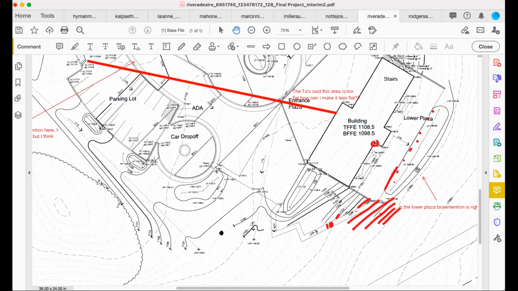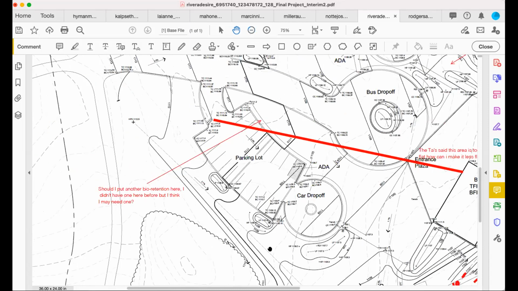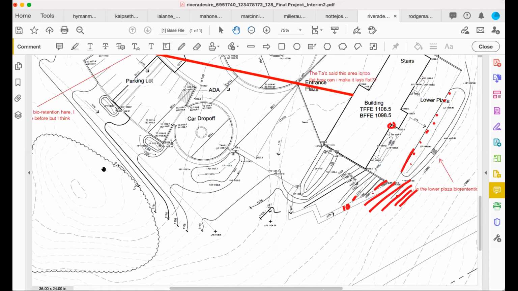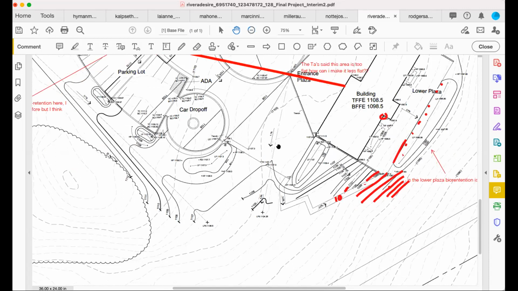Other questions? We're good? For the bioretention by the swale, should the high points just go only on the? Yeah, that's correct. You can have a high point there. No, for the bioretention by the parking lot. I wasn't sure if I put the high points on. It's a little hard for me to hear you.